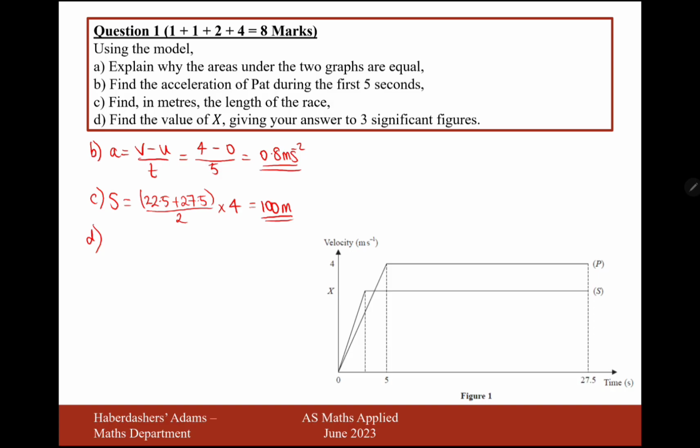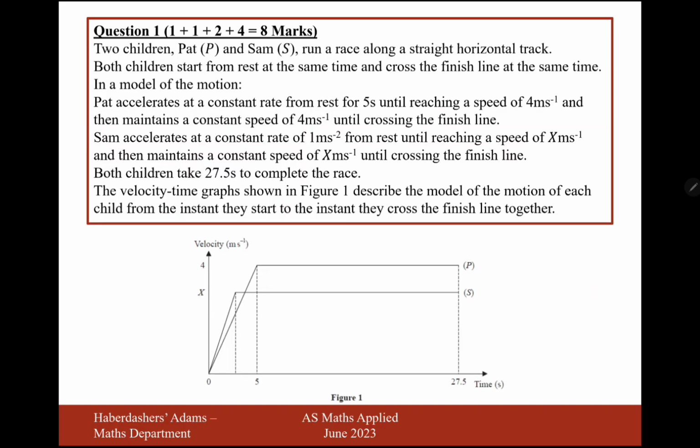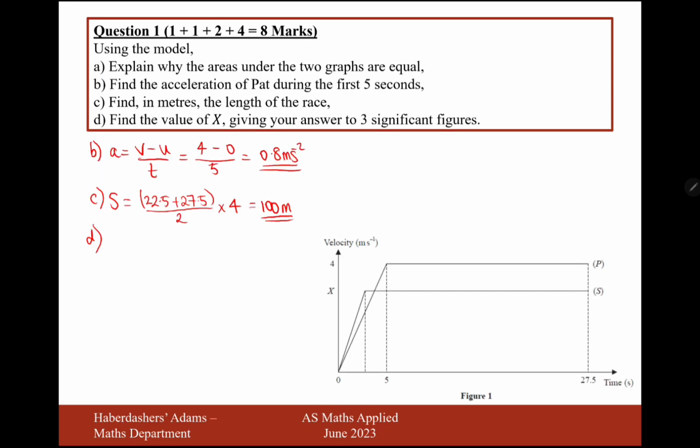Excellent. Right, find the value of x, giving your answer to 3 significant figures. Okay, so what we're told in this question is that Sam accelerates at a constant rate of 1 meter per second squared. So what that means is that Sam's acceleration was much faster than Pat's, but he doesn't reach a top speed as great as Pat.